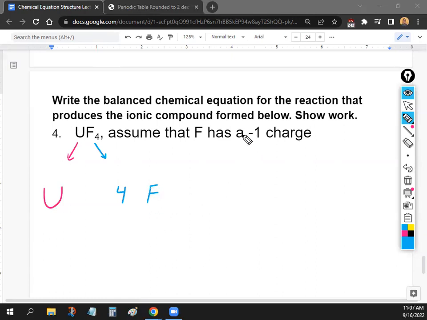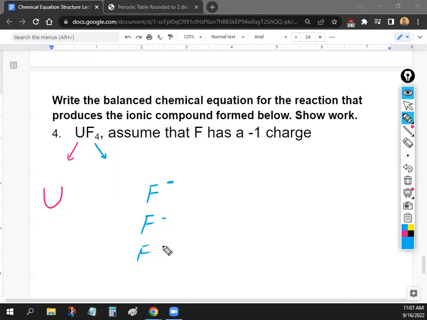All right, so if we take a look at this problem, it tells us that we can assume that F has a -1 charge. Okay, so we're going to assume that it's -1. Okay, so all we need to figure out then is what does U have to be in order to balance out all the F's. So if you take a look at F, there's 4 of them, right? So let me actually redraw this just so it's kind of easier to think about.